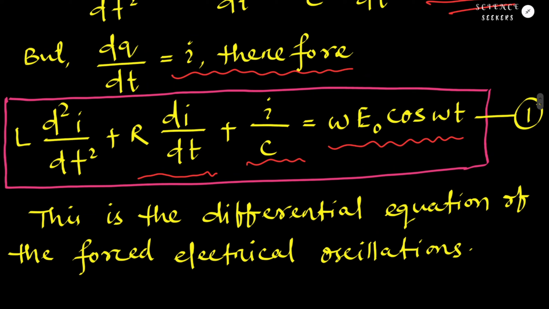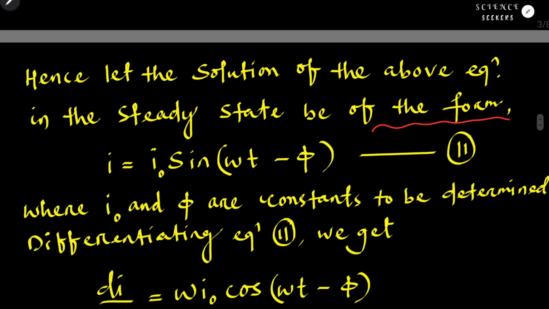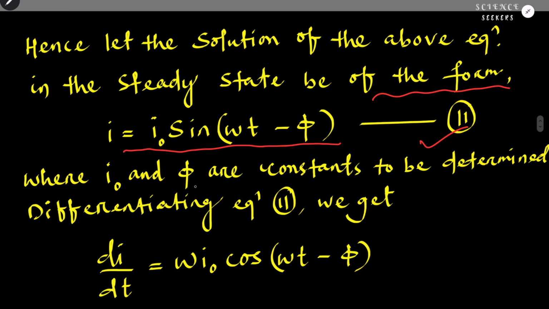Once the transient effect dies away and a steady state is set up, the current alternates with the frequency of the applied EMF but may differ in amplitude and phase. Hence, the solution of the above equation in the steady state is of the form I equal to I naught sin omega t minus phi, that is equation 2, where I naught and phi are constants we determine.